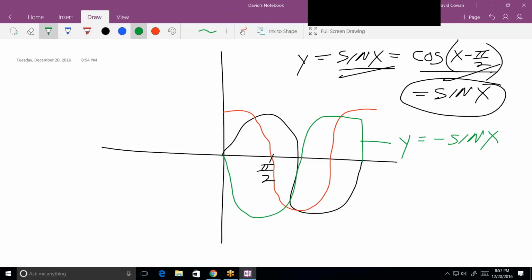Again, instead of using a phase shift on the cosine curve, I use the sine curve that's been reflected over the axis and has no phase shift. So the general rule here is always choose sine or cosine depending on which makes the smallest phase shift. Okay.